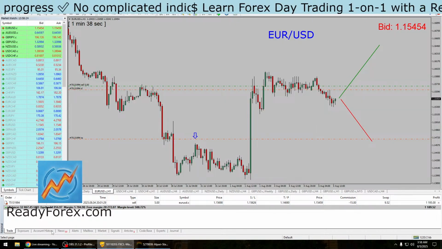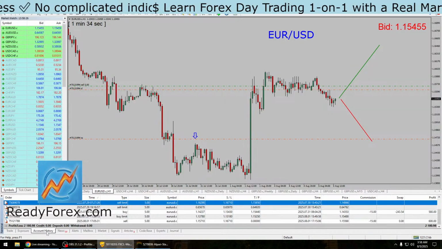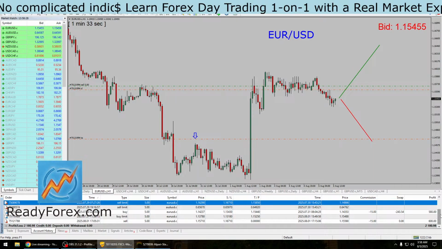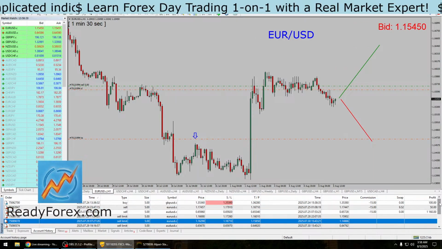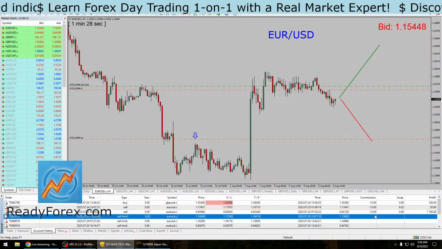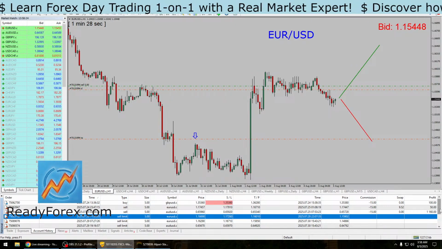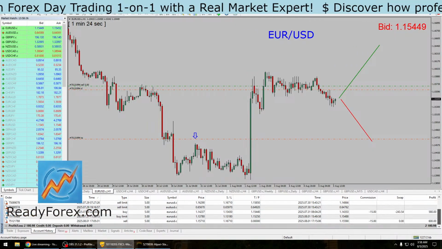Okay, let me show you my trading account history. These are some of the other past trades. Let me go up a little bit so you can see my trading account history as well.